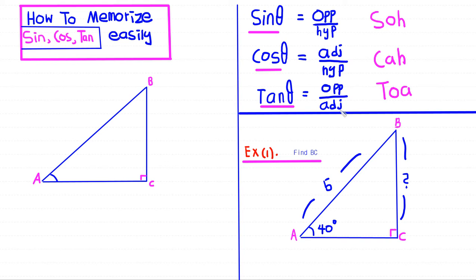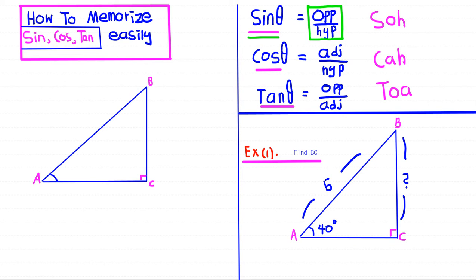and tangent. SOHCAHTOA can be unfamiliar at first, but if you know its definition, you'll figure out that it is easy to deal with. At first, we know that sine theta is equal to opposite side over hypotenuse.